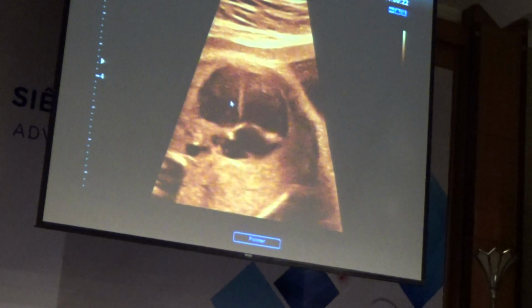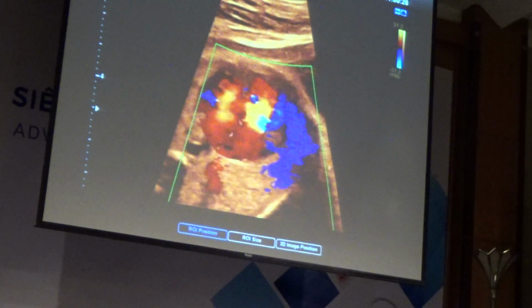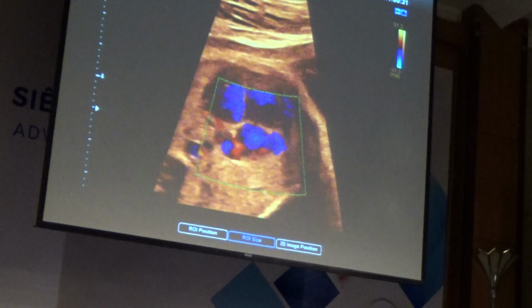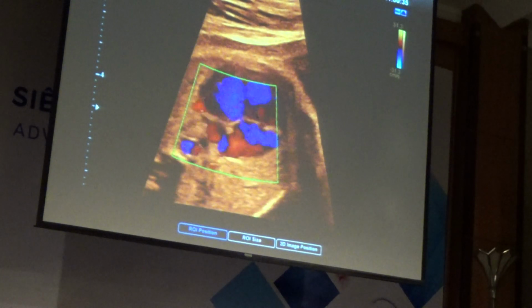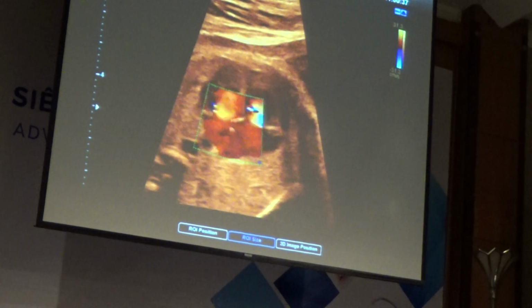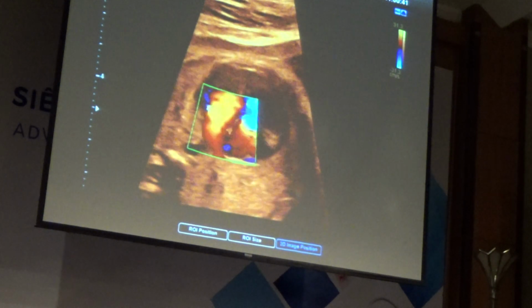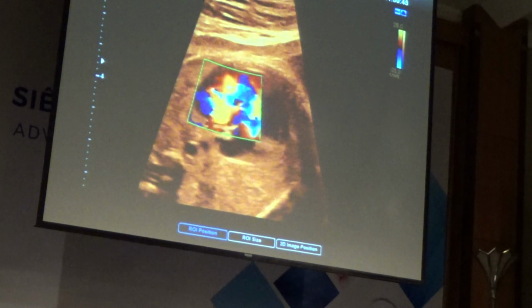So this is a good view to look with color for valvular regurgitation. And first, I want to make the color box quite small. And then I have to change the scale.